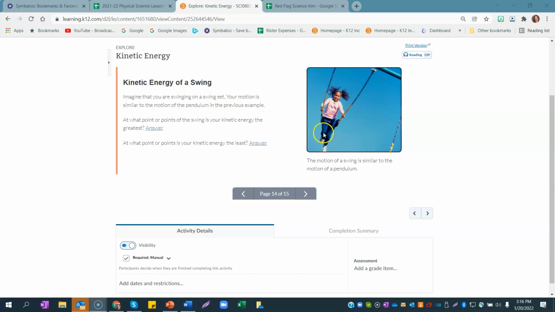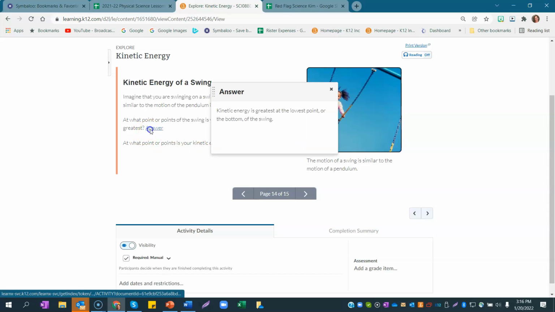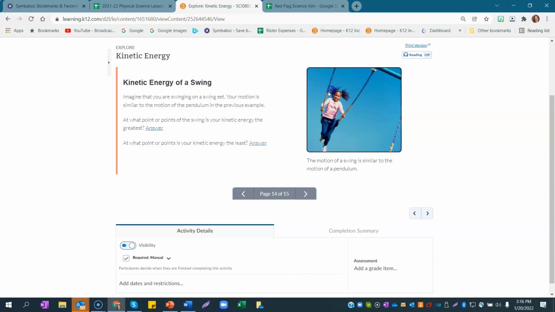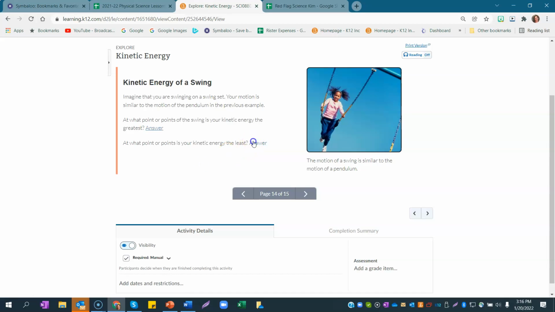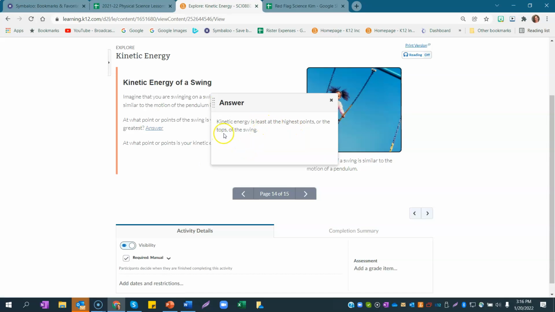So you're looking at the little girl swinging, and kind of like the pendulum we saw earlier, the kinetic energy is the greatest at the lowest point or the bottom. And it's going to be the least at the top of the swing.